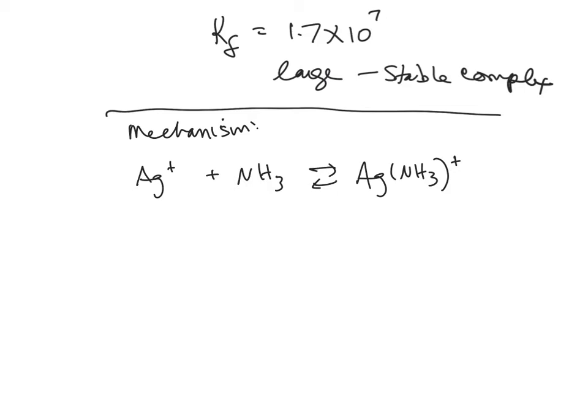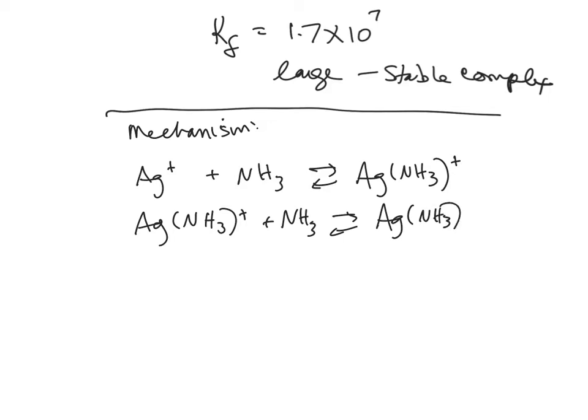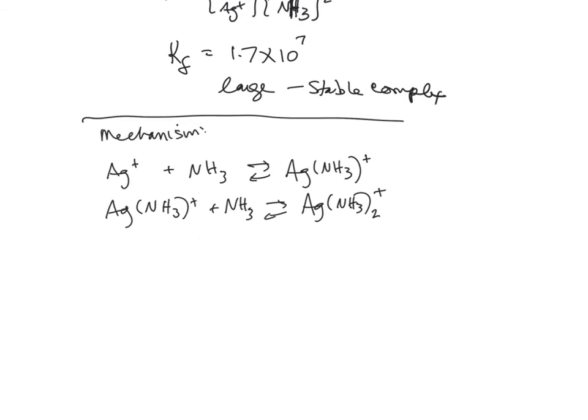Then that complex ion will continue along and pick up a second NH3 group to form Ag NH3 2, and it's still got a plus charge because ammonias are neutral, and it's the silver ion that's giving it the plus charge. Okay, so we have values for each one of these steps.